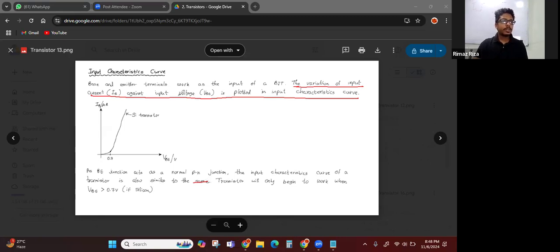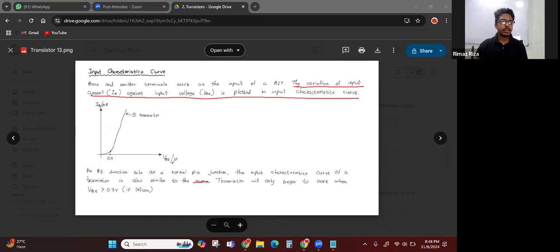So the variation of input current IB against input voltage is plotted in input characteristic curve, and then you can draw this diagram. I mean the graph, the curve of IB versus VBE. Always remember IB current is in microampere range.